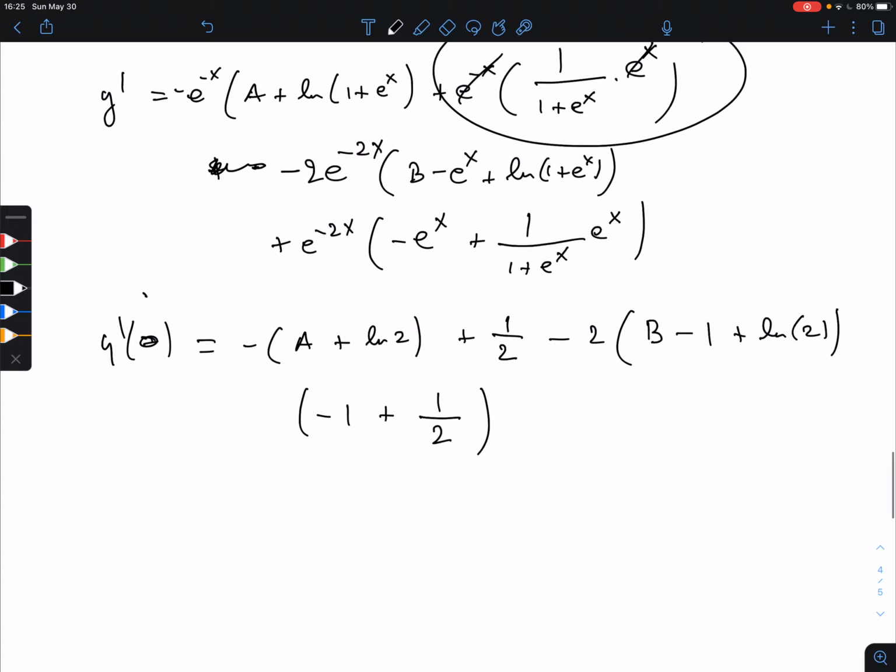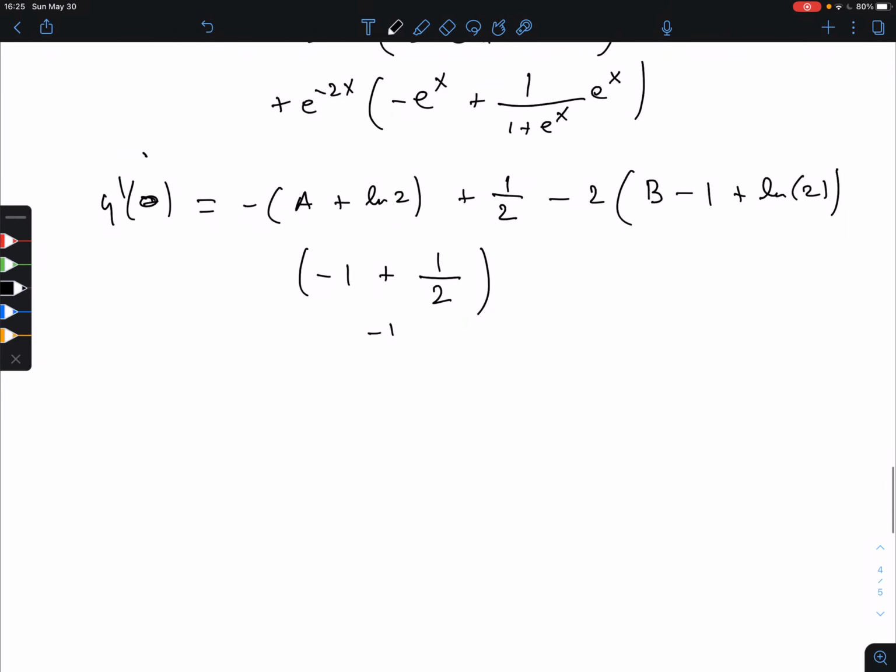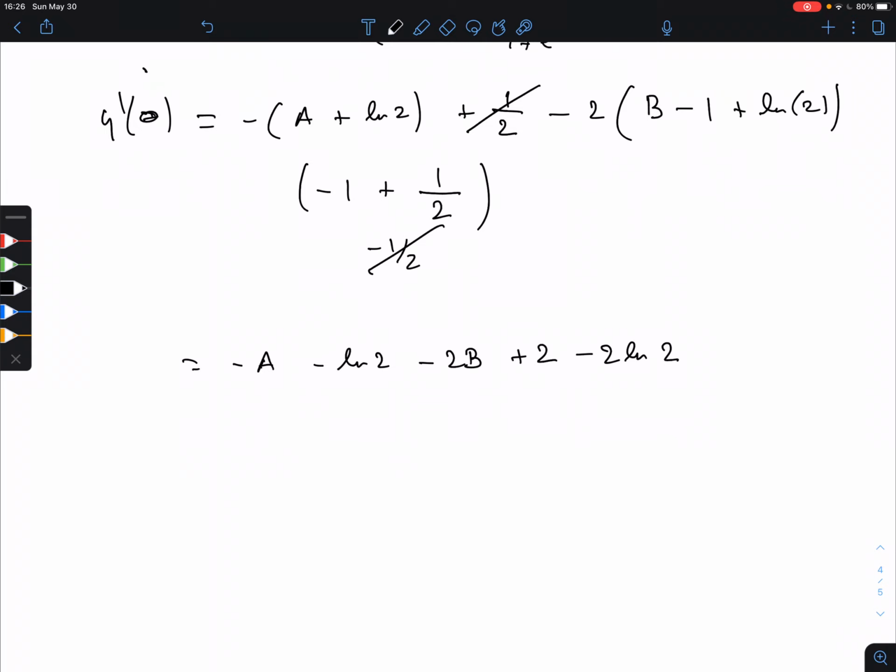Yeah, that's what I get. So this becomes minus a half. Oh, these halves and minus a half cancel. So I get minus a minus ln 2 minus 2b plus 2 minus 2 ln 2 minus 2b plus 2. The halves already had cancelled. Okay, so that is what I get.